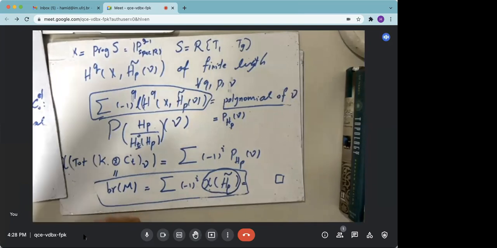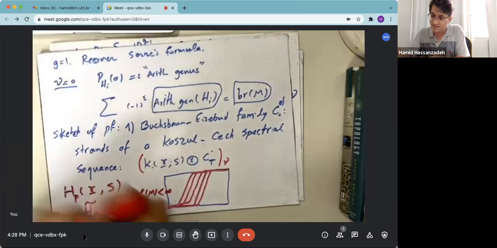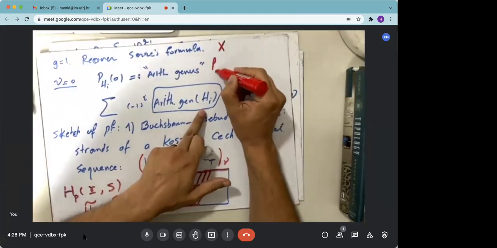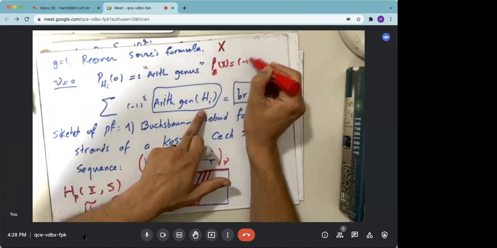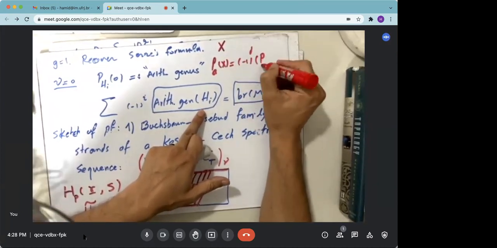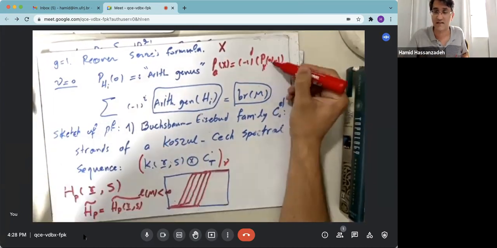Where does the term arithmetic genus come in? Well, the arithmetic genus, there are some small differences here. You know, for a variety, the arithmetic genus is -1 to the dimension times the Hilbert polynomial at 0 minus 1, right?